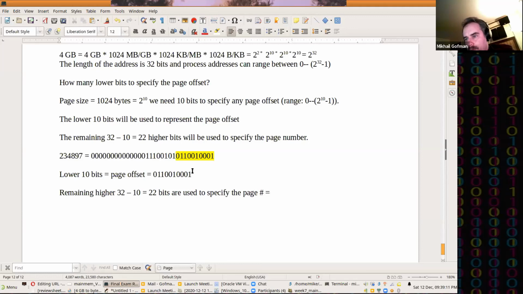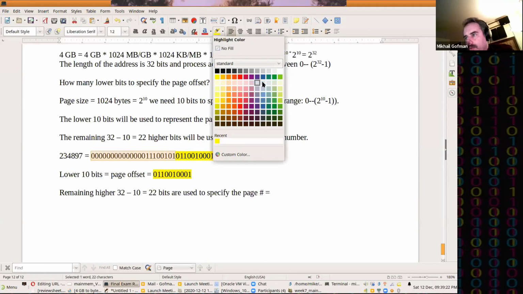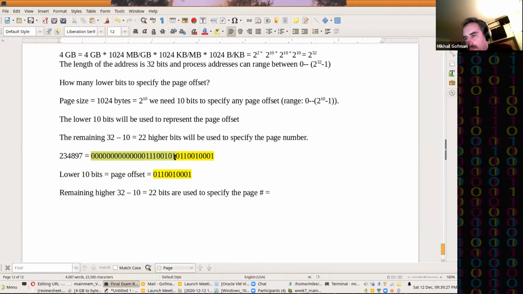So this is the lower bits, and those are the higher bits. I'll use a different color for them. So it'll be this.